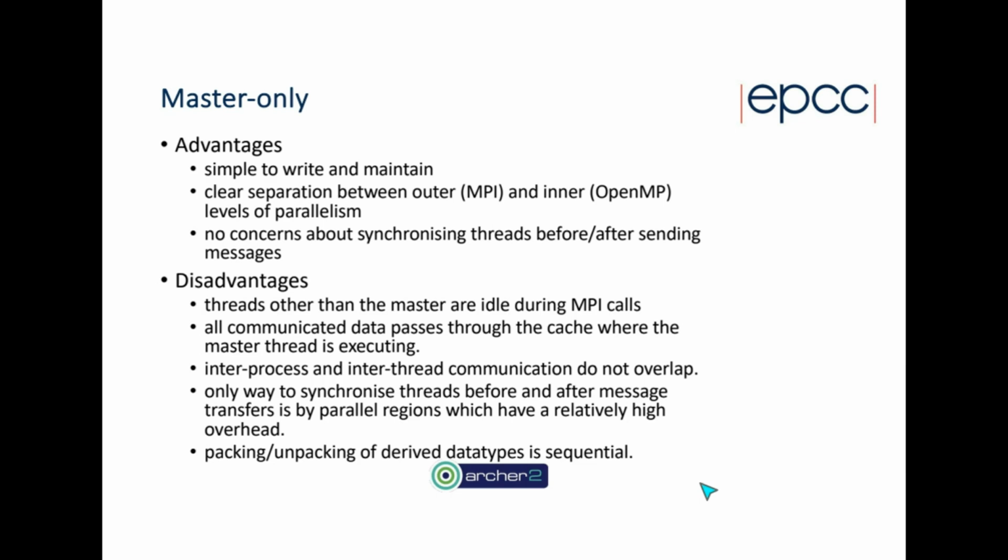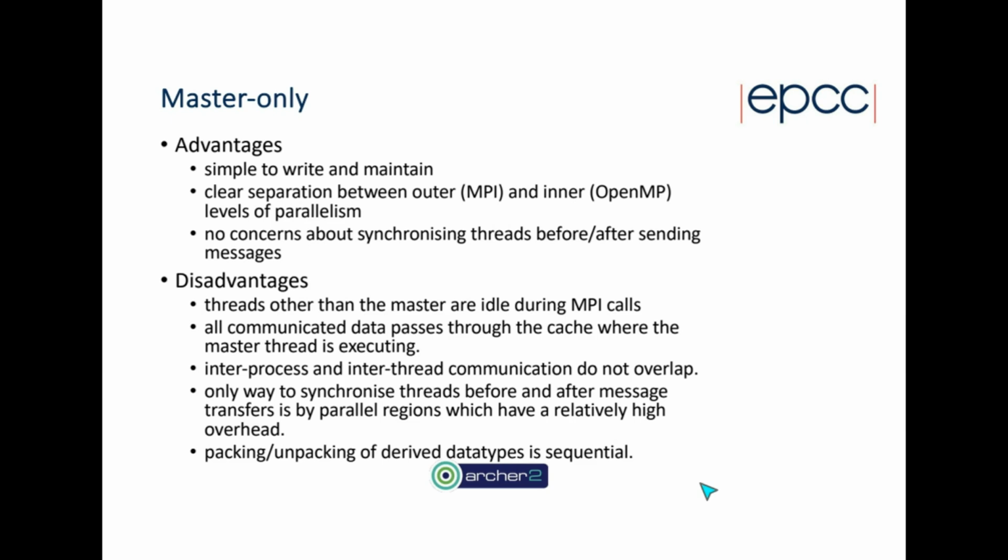For example, for halo exchanges, the local domain size is bigger, or for collective communications, the amount of local data that you're sending gets bigger. So there's a kind of double effect there.